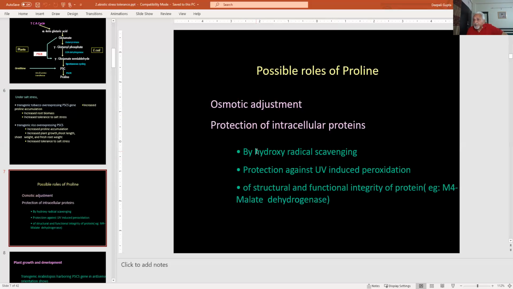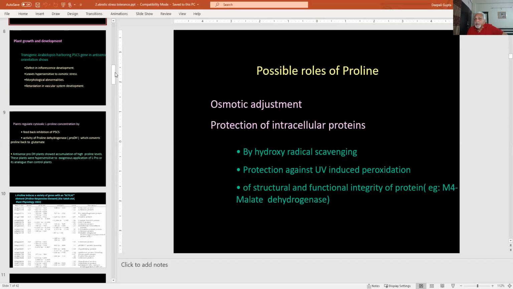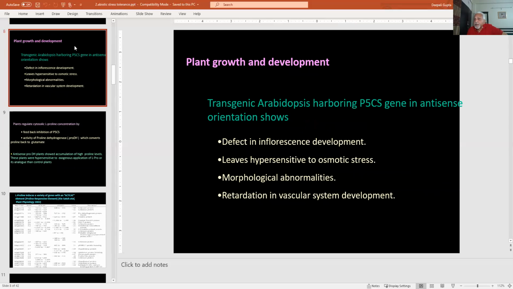It was also found to have hydroxyl radical scavenging roles, protection against UV-induced peroxidation, and maintaining the structural and functional integrity of proteins, as I mentioned. So these were some of the roles assigned to proline, what it may be doing.